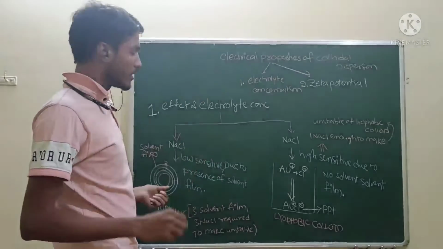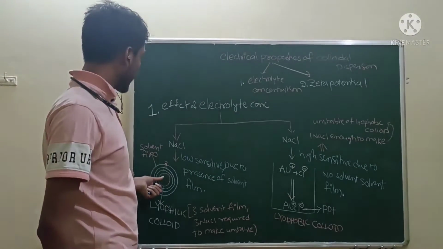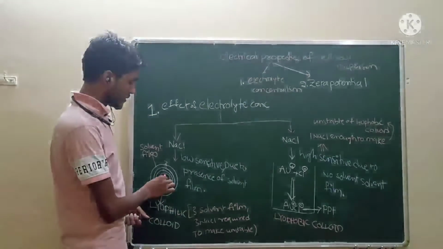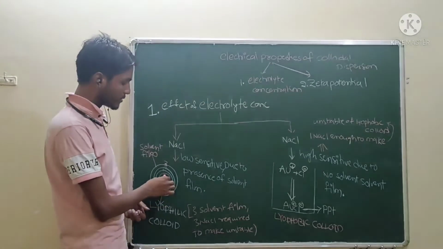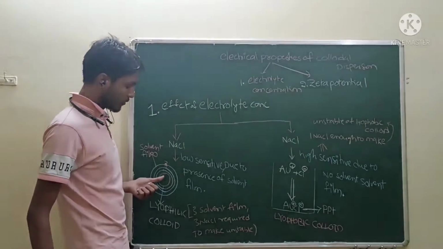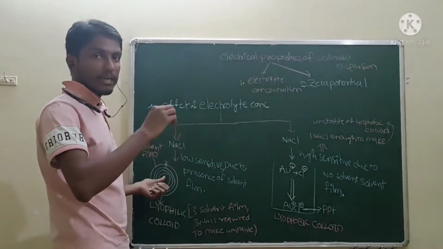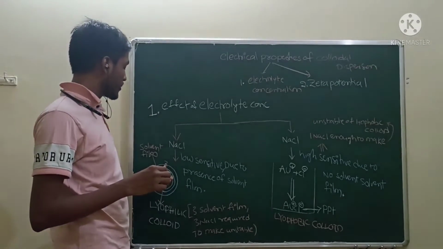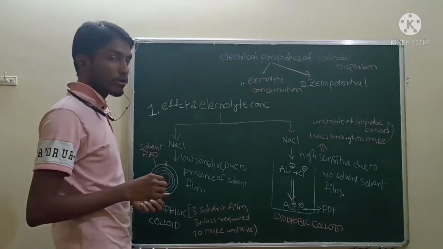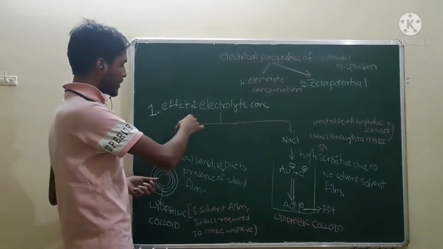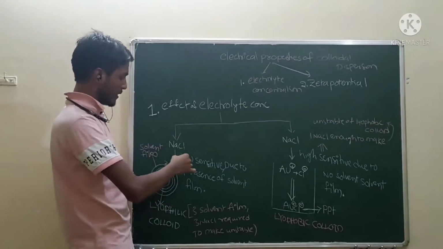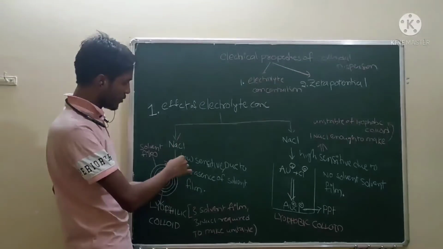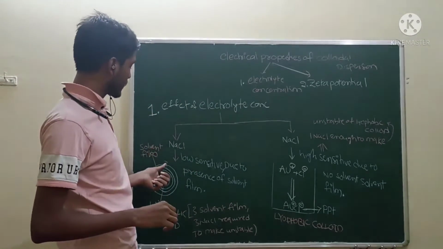In order to form the precipitation of this lyophilic colloid, I first need to remove the solvent film from the colloidal particle. I have added only one NaCl, so this chloride will remove only one solvent film.